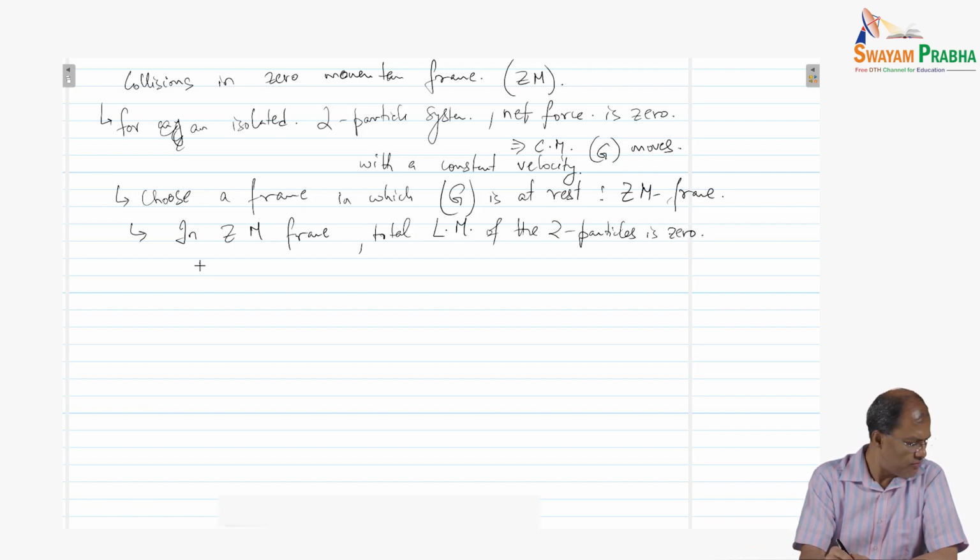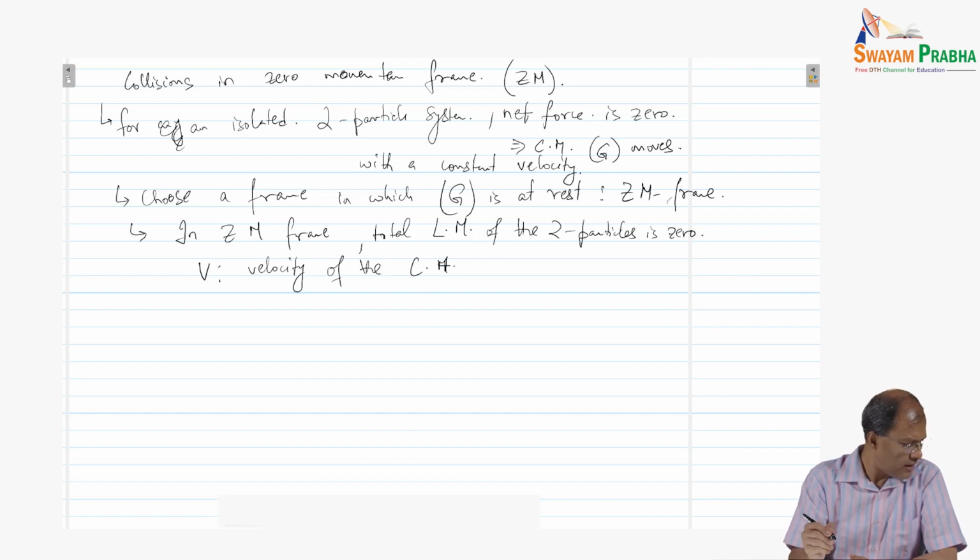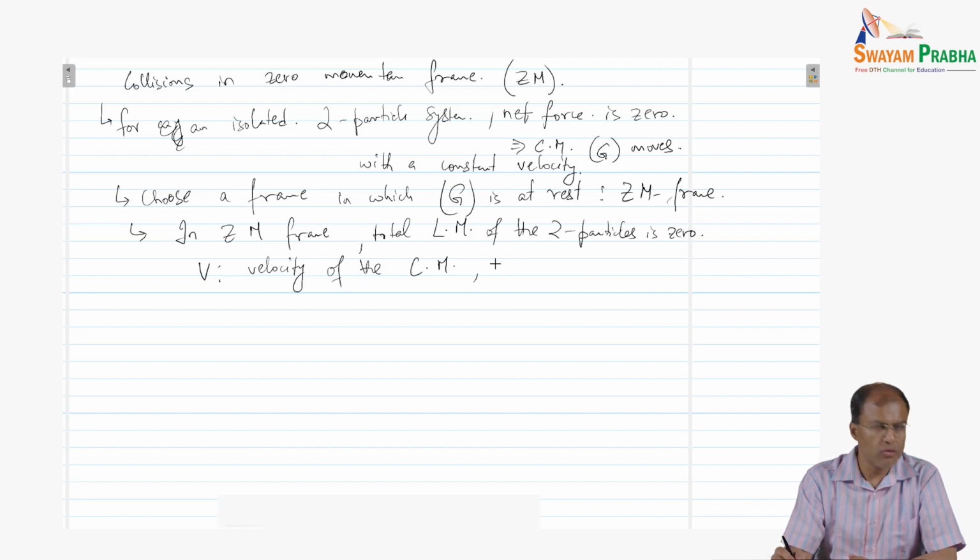And let us say that V is the velocity of the center of mass. In that case, we are going to see from the center of mass frame, right?